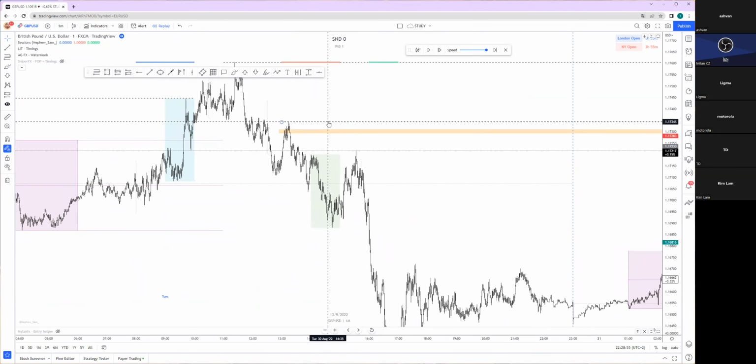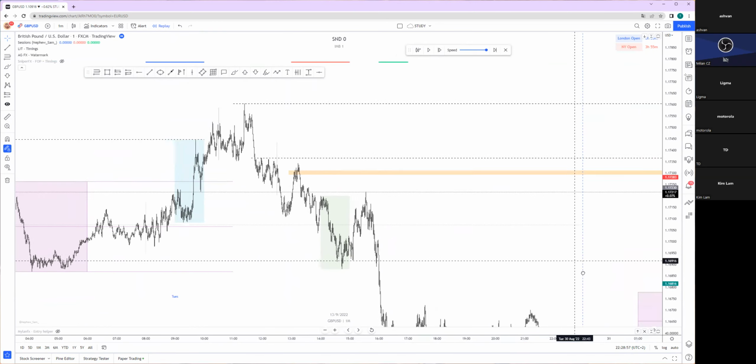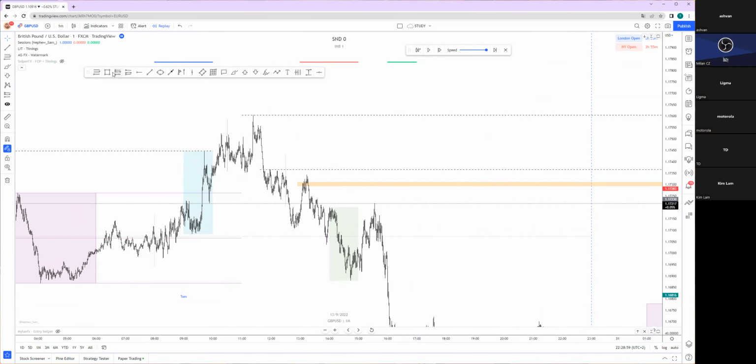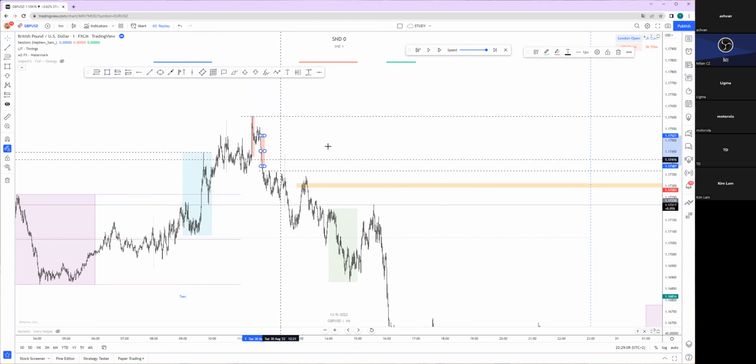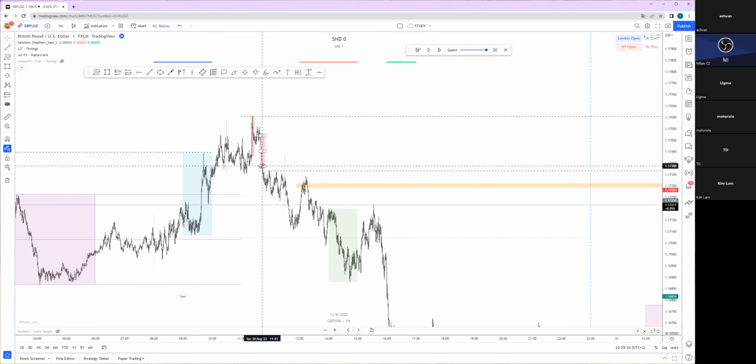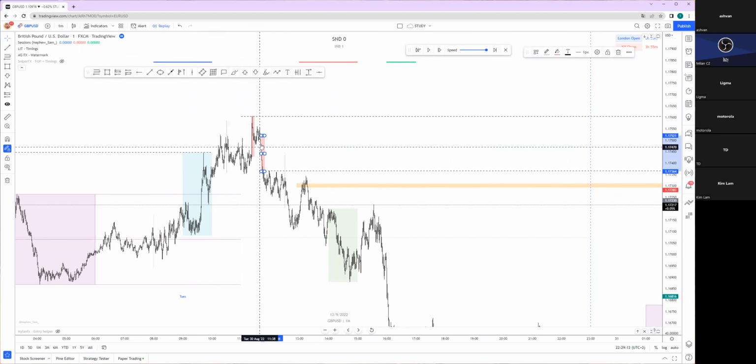So I'll still wait for this liquidity to be taken out, and then might look for sells right here, because this would be an FU candle. And there's a ton of imbalance within it as well. So let's do this. This would be imbalance in the higher time frame.